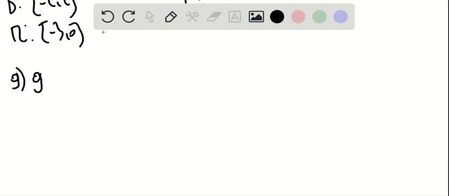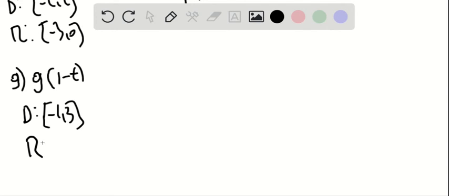The domain here is going to be negative 1 to 3. And the range, well, this is again just inside the function, so that only affects our domain. So the range stays at negative 3 to 0.